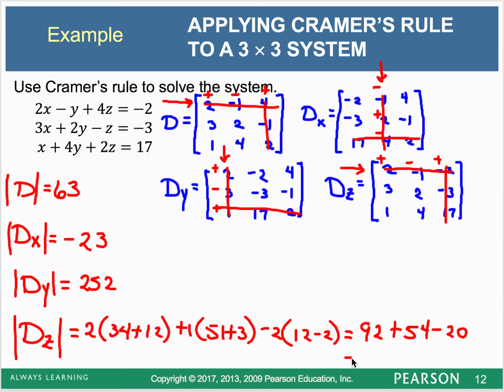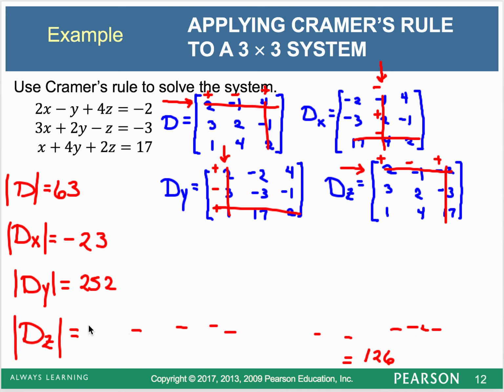So 92 plus 32, 124. Let me double check my math. 126. 126. All right, I'm going to erase. 126.